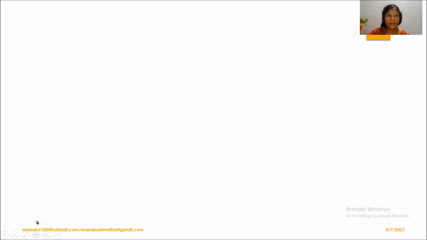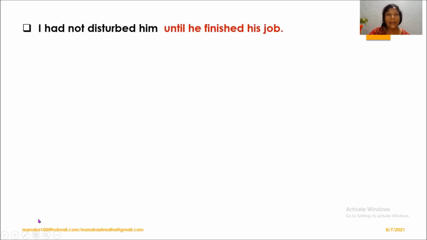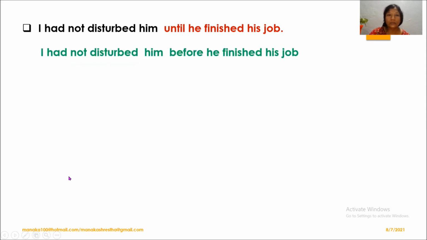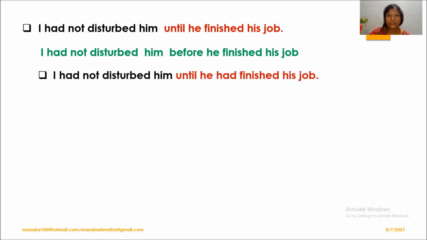Okay, next example here. I had not disturbed him until he finished his job. Until with simple past, this means I had not disturbed him before he finished his job. And I had not disturbed him until he had finished his job.